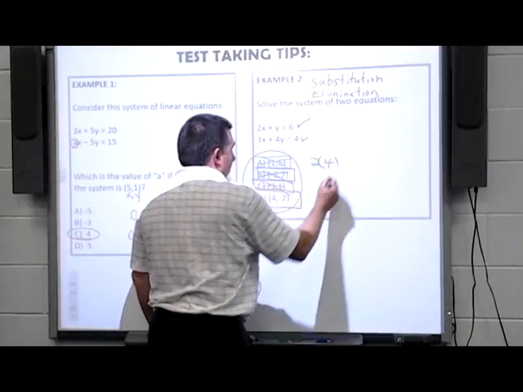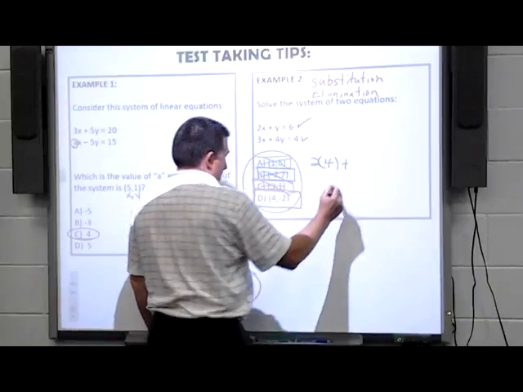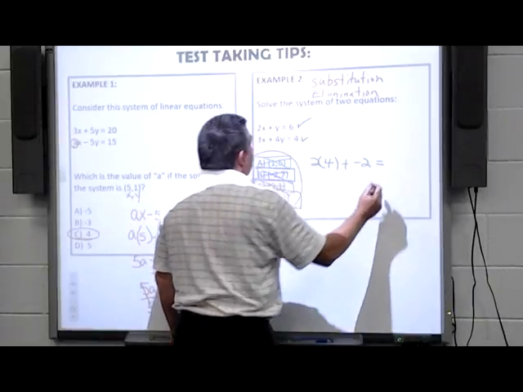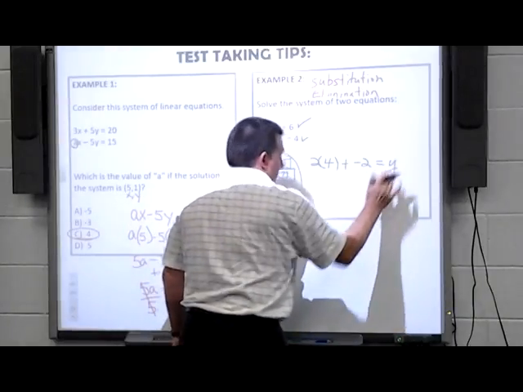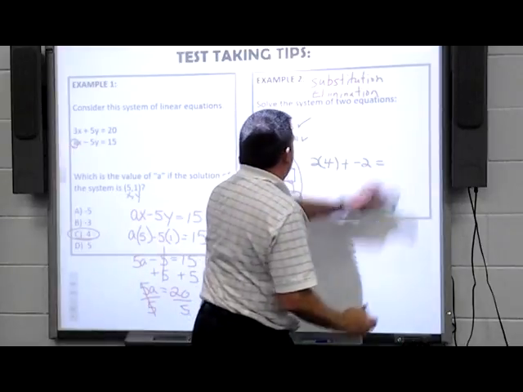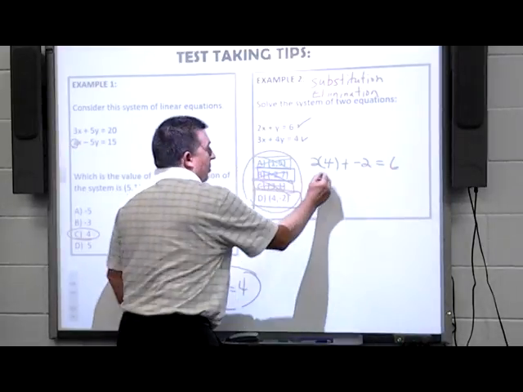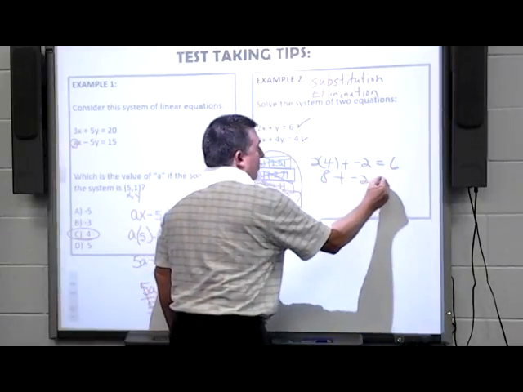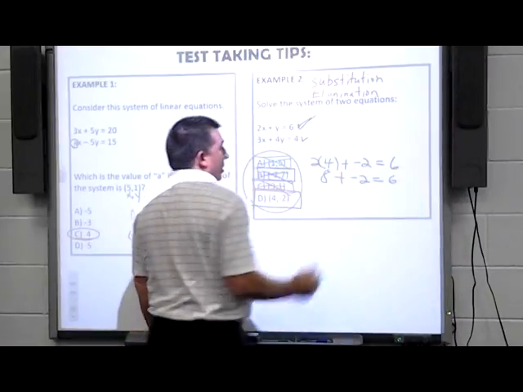I'm going to put the 4 in for x and the -2 in for y. And here is the top one. That is 8 plus -2 equals 6. We said it does work.